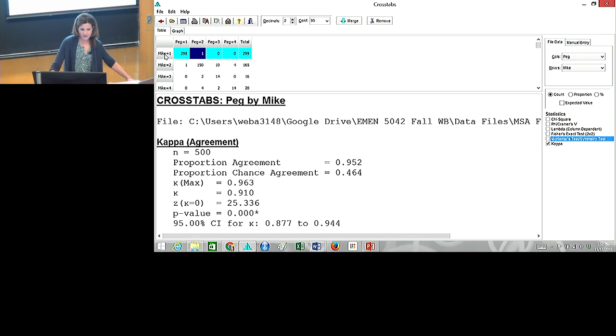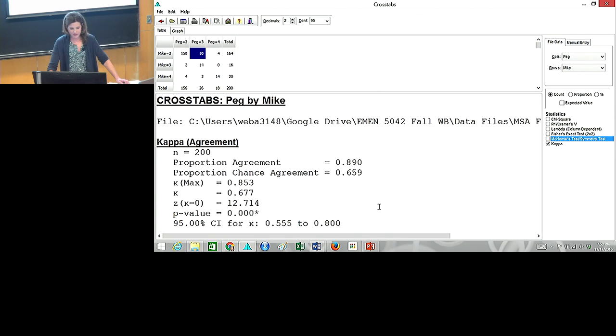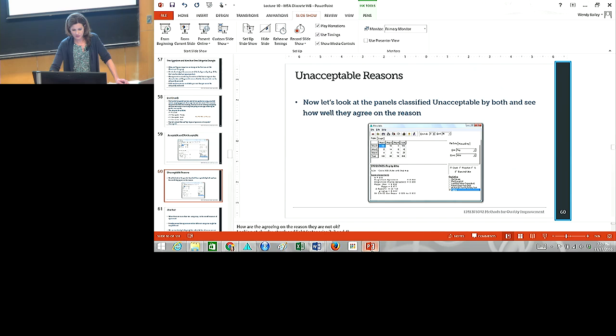Now I'm just going to go ahead and get rid of row 1. That's the agreement row. Just push remove, and then Peg, remove. And now what is left over is the unacceptables. Now we have to see if there's agreement associated with that, above that due to chance and chance alone.